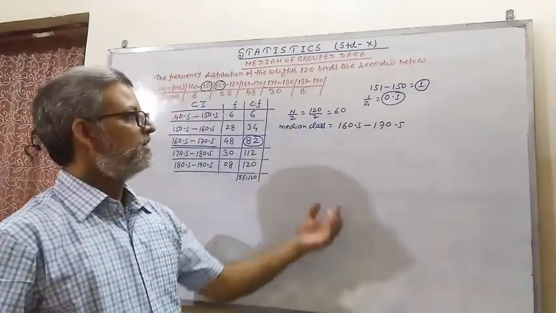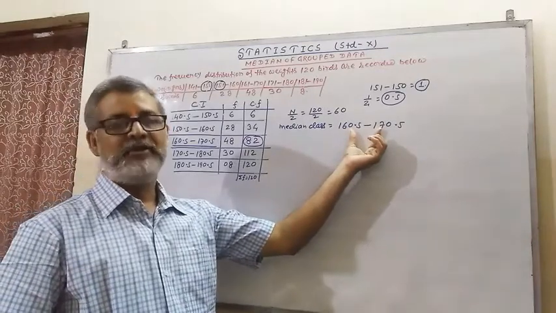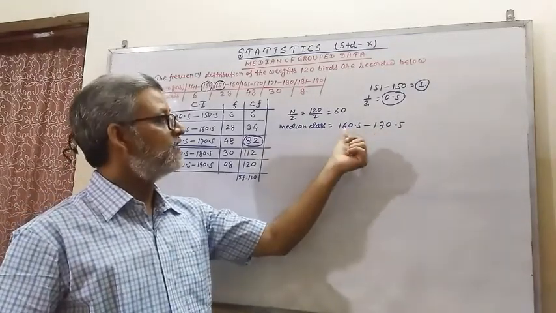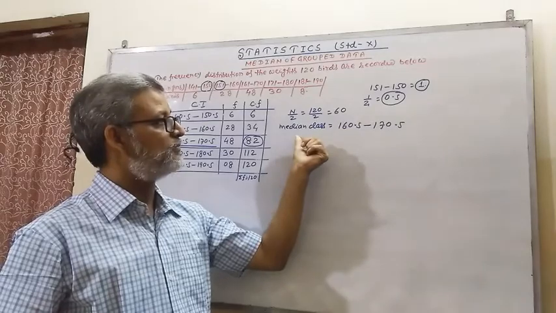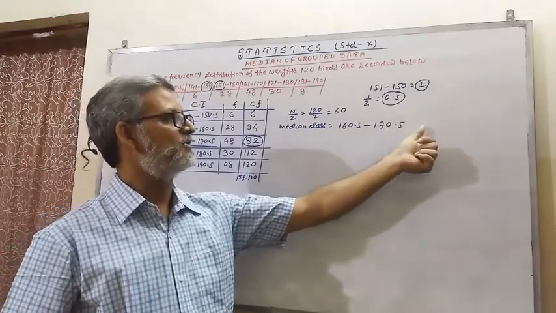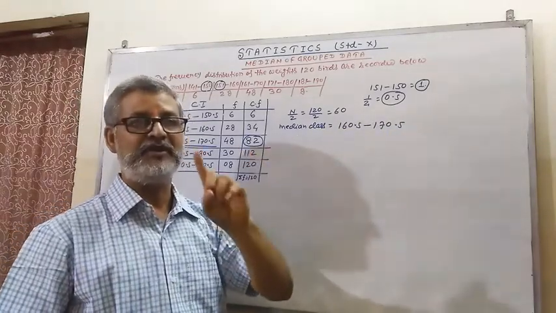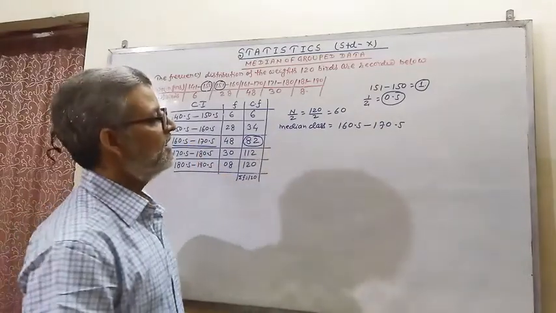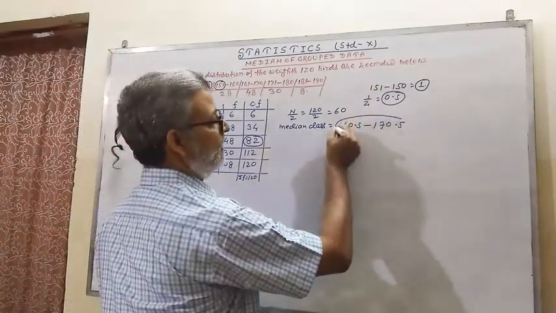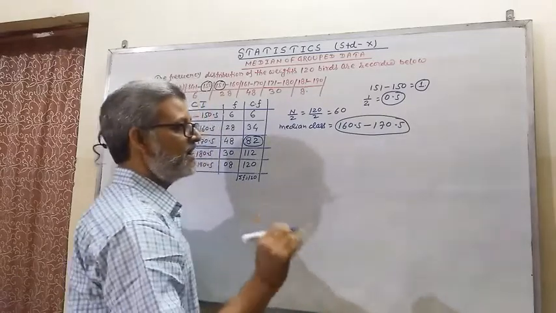If you are getting less than 160.5 or more than 170.5, it means your median is wrong. The median will always be in the median class.